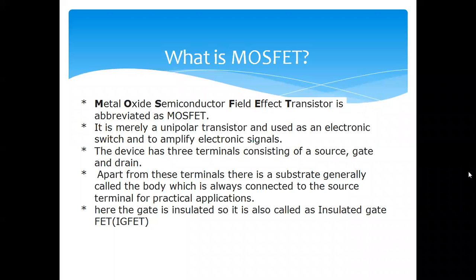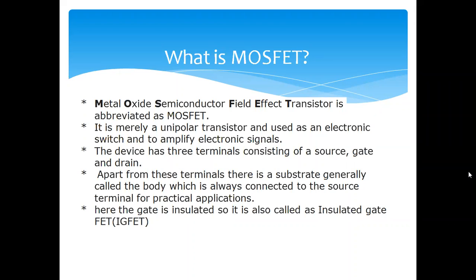So coming to the next difference, MOSFET is a voltage controlled device, whereas BJT is a current controlled device. This can be a major difference. Then in case of BJT, you have three terminals.